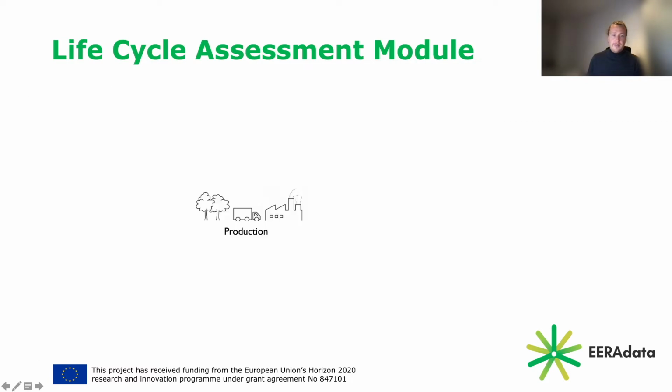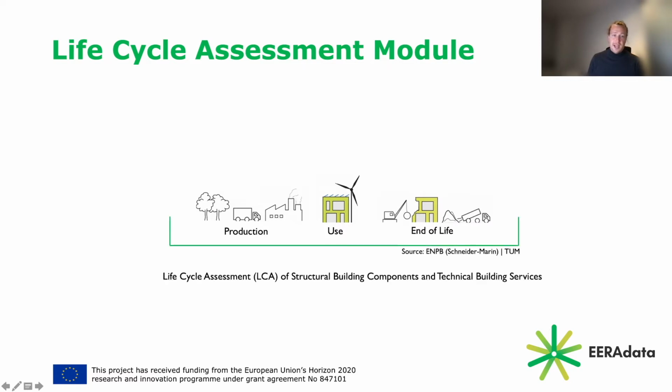The life cycle of the building consists of the production, use, and end-of-life stage. The life cycle assessment module calculates the energy demands and emissions resulting from all of these life cycle stages. As said before, we are considering the components and materials of the building construction as well as of the technical building services components.